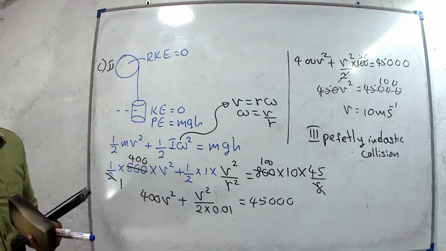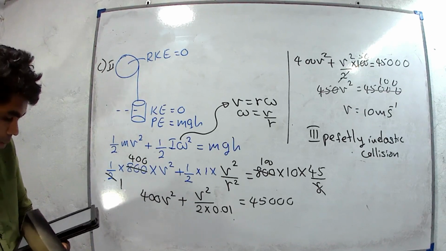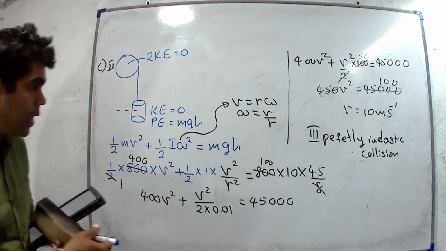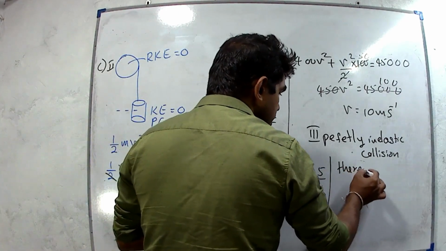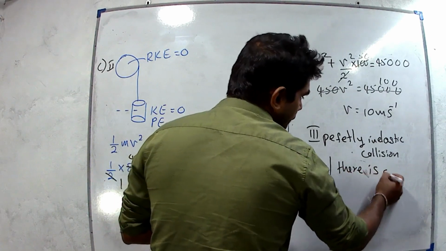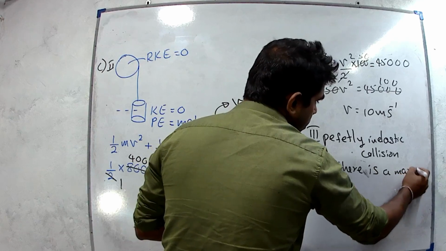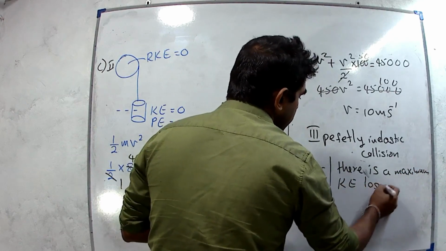We can identify the collision type by using kinetic energy. There is a maximum kinetic energy loss.